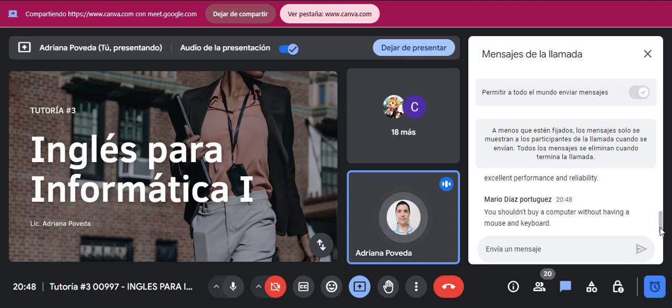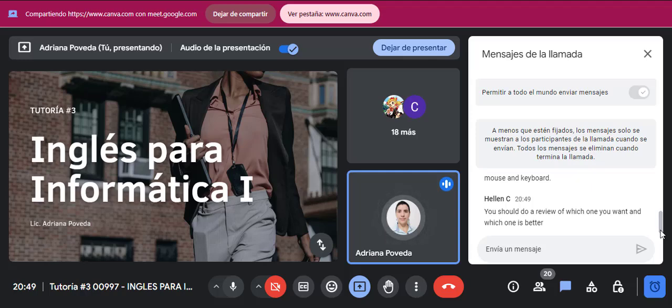And Mario wrote, you shouldn't buy a computer without having a mouse and keyboard. Ajá, same thing. In this case, Mario, you did the same thing as Laura. He wrote a negative sentence, and he used the conjunction to join two devices, the mouse and the keyboard.